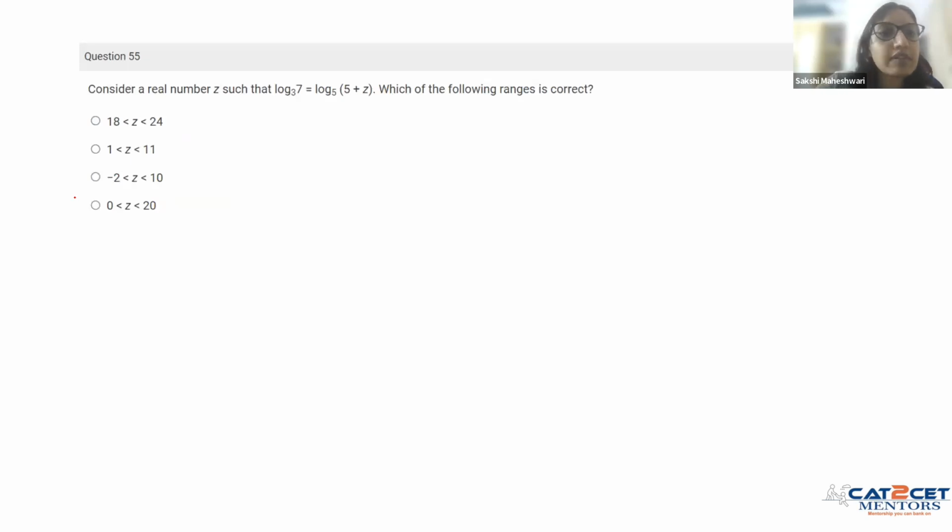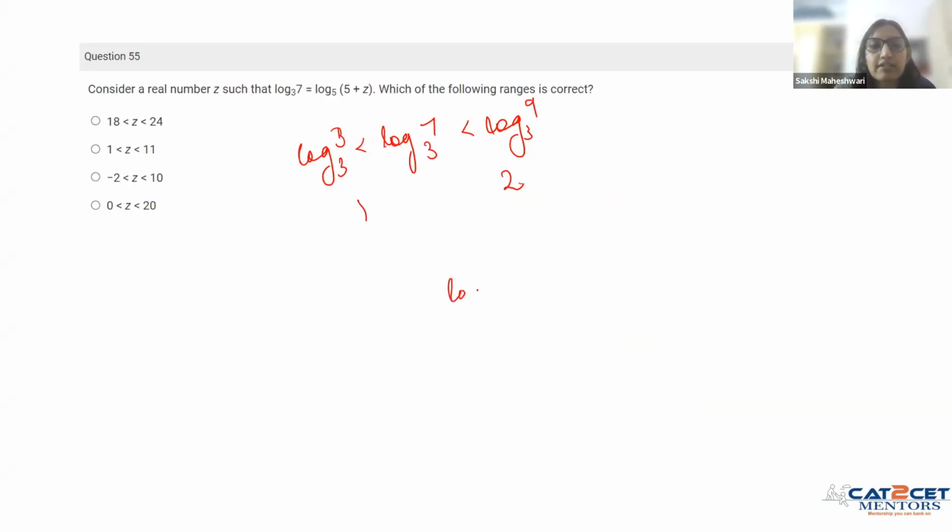Now, which of the following ranges are correct? So you get this point that log base 3 of 7 is between 1 and 2. And this also has to be between 1 and 2, right?